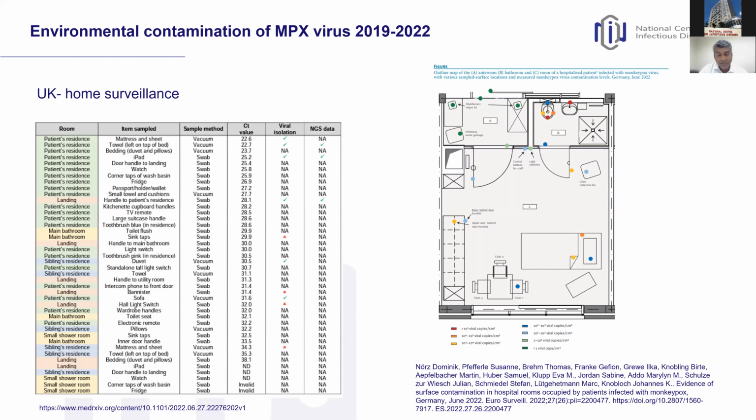But to prove that transmission actually happened from environmental contamination may never happen, because we always keep cleaning, unless we can do it in a community setting. Patient A goes into a hotel room, stays, and then leaves, and is eventually diagnosed with monkeypox. Patient B goes into the same room and stays, but the room was not properly cleaned, and is eventually diagnosed with monkeypox. Some people consider this as possible evidence if they are genomically linked.